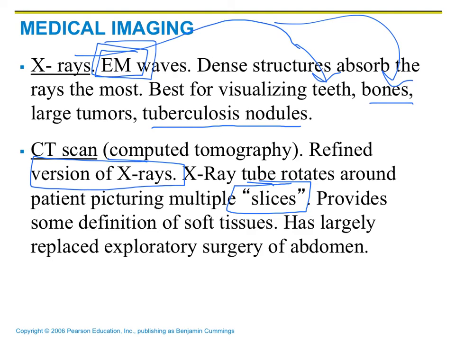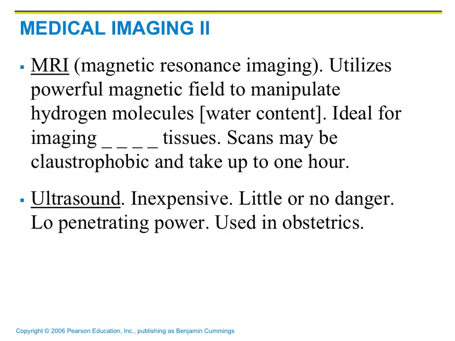A CAT scan, even though it's an X-ray, will give you a better look at softer tissues in the abdomen, but the best for some of the softer tissues is the MRI. Now, the CAT scan, another drawback I should mention is that since it's X-rays, it still contains electromagnetic radiation.